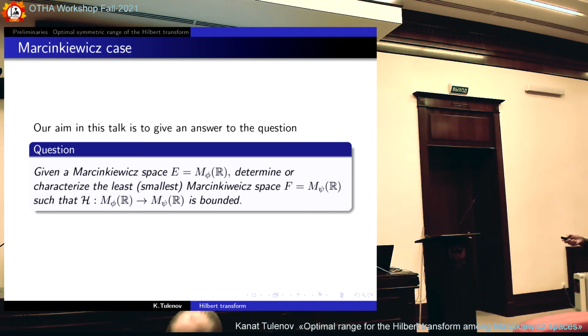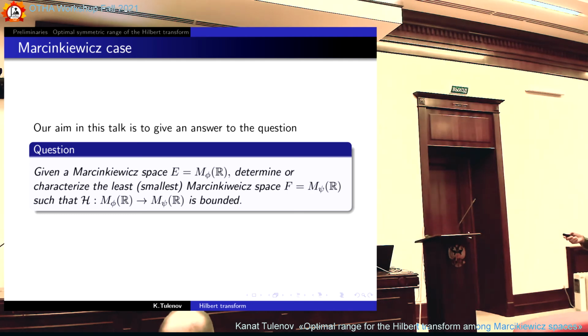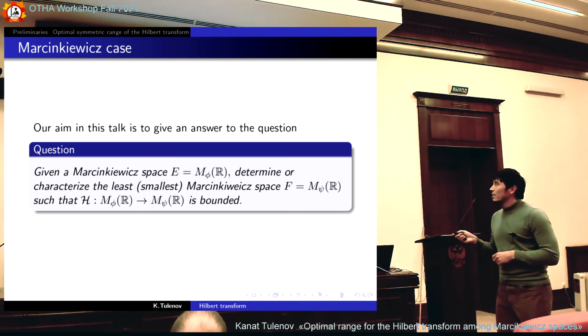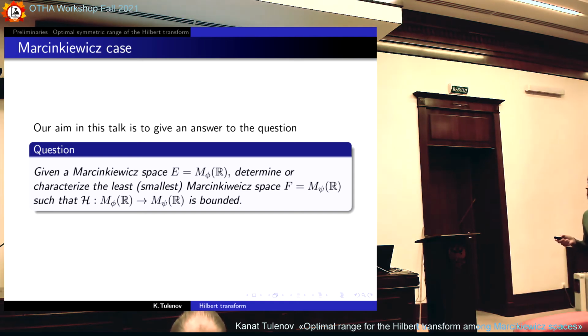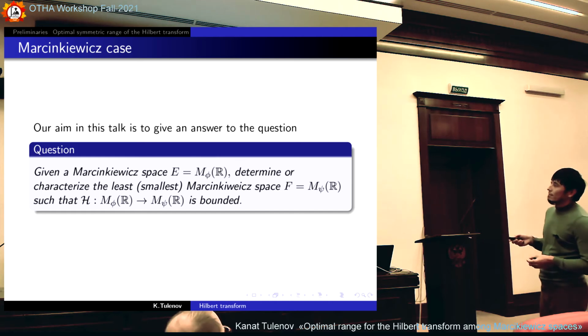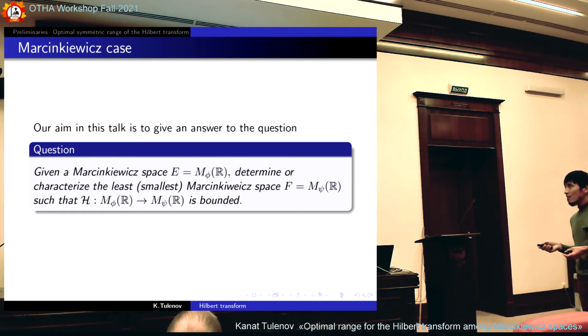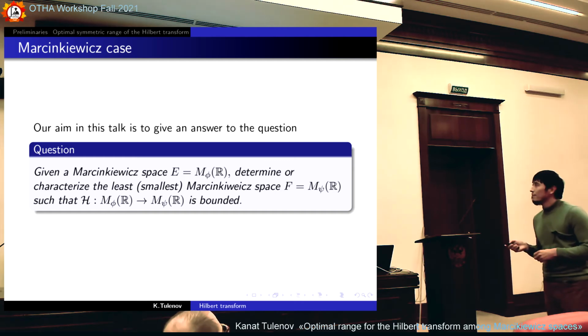Our aim in this talk is the dual question to the above question, for Marcinkiewicz spaces. If E equals a Marcinkiewicz space, then what is the smallest Marcinkiewicz space that equals F?